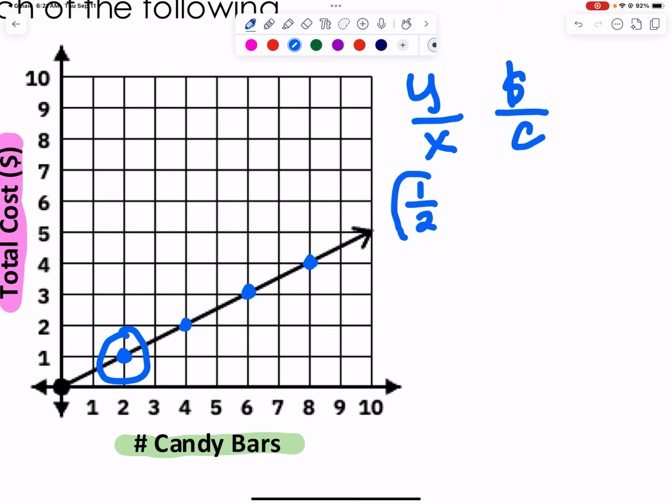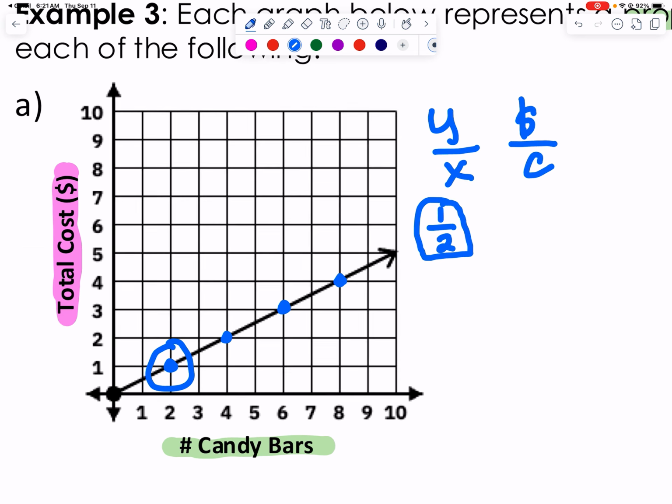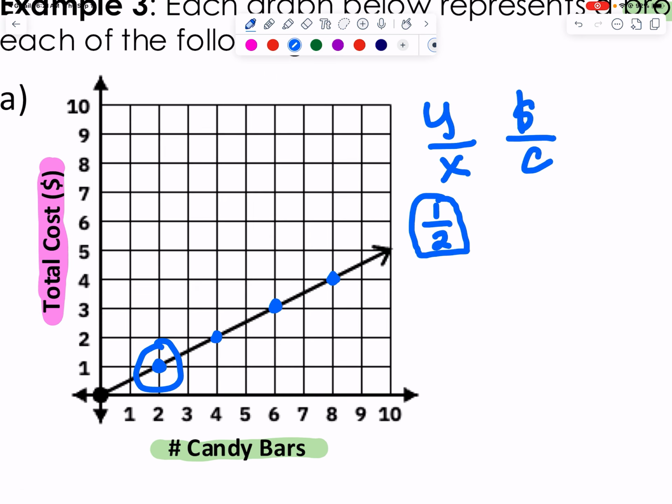Now, if I was asking you for the slope, you could box that in. 1/2, I would accept that answer. However, I want you to notice that the graph is talking about money per candy bar. In other words, what is the cost for one candy bar? And sometimes we say this, but it's not that common to say $1/2 per candy bar. So I'm going to write that as a decimal.